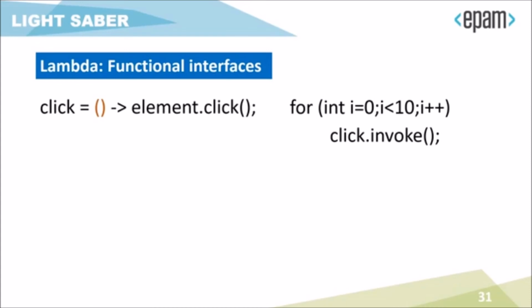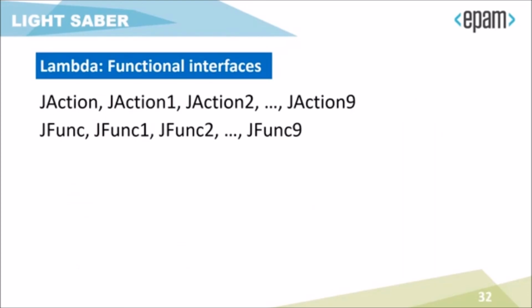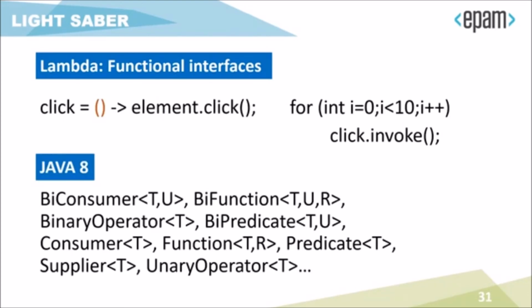In standard Java, we have a bunch of interfaces, and they have different namings, like consumers, suppliers, predicates, functions, and others. This is around, I don't know, 20 interfaces for your lambdas.